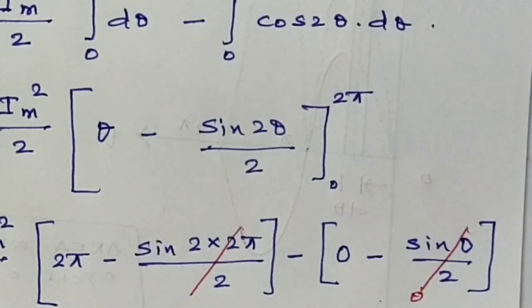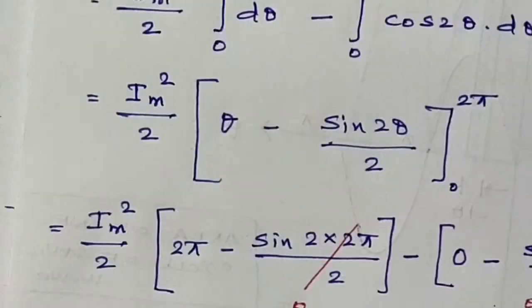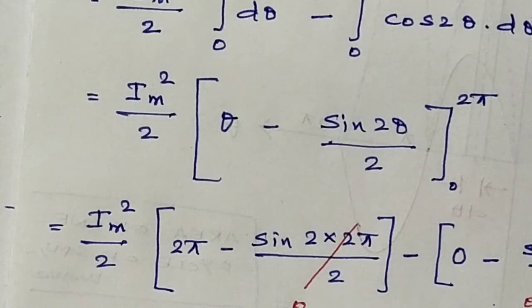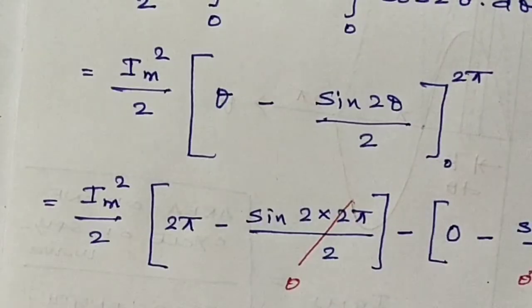So now we can find out the average value of the alternating current. IRMS, another one is the average value. So IRMS has another definition, it is the effective value.